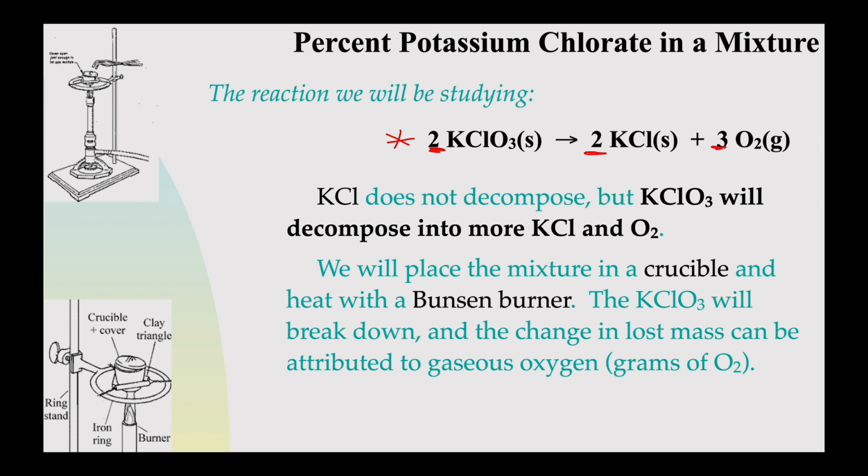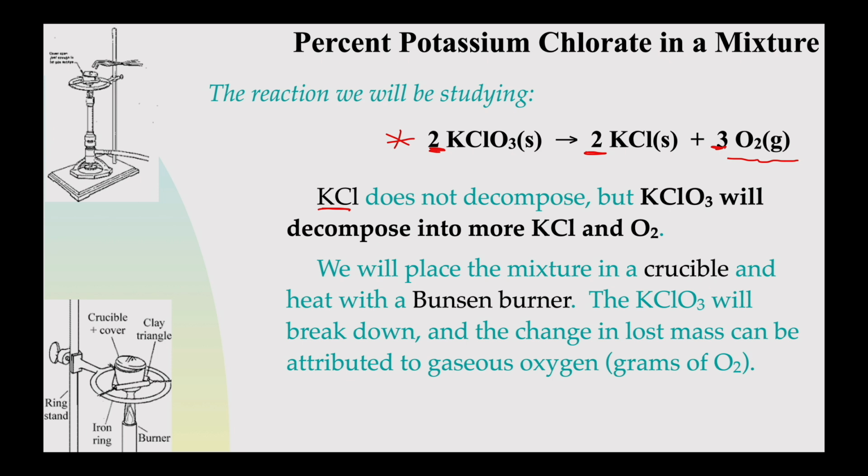Potassium chlorate breaks down to potassium chloride, but potassium chloride itself just sits there. It's a very stable and inert compound, not very exciting. But the KClO3 will break down into more KCl, and oxygen gas is going to come off too. It actually is going to bubble a little bit.